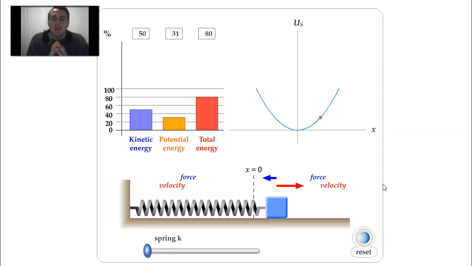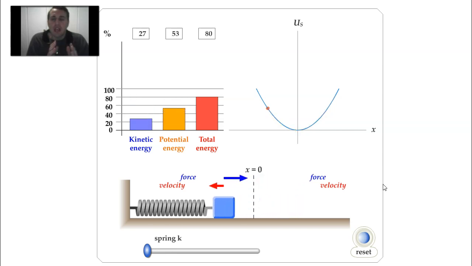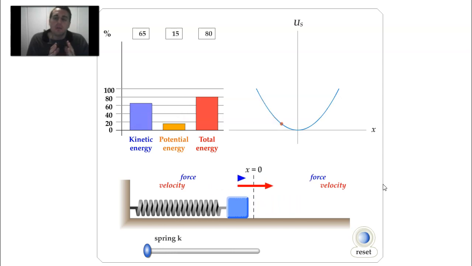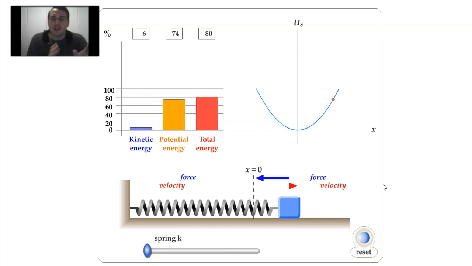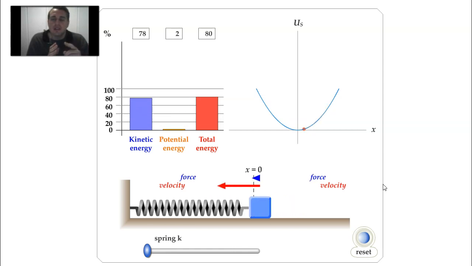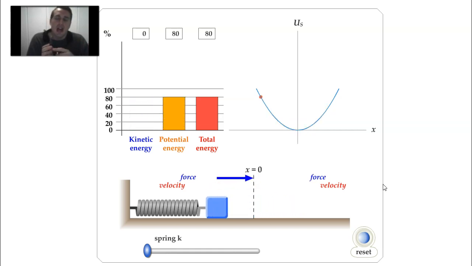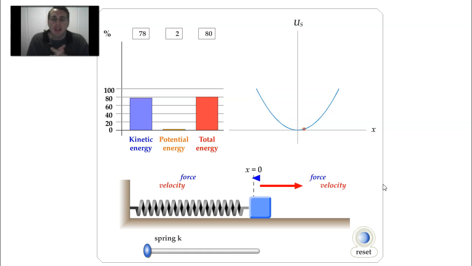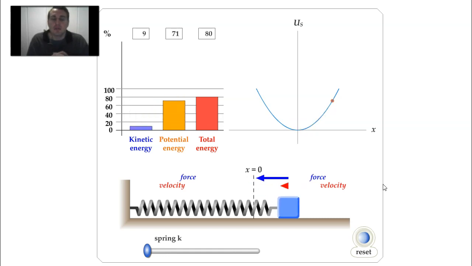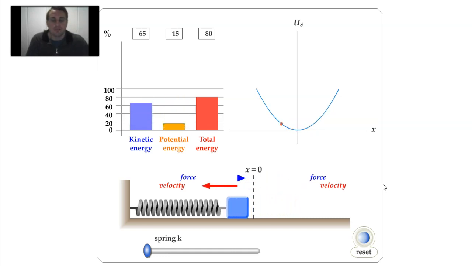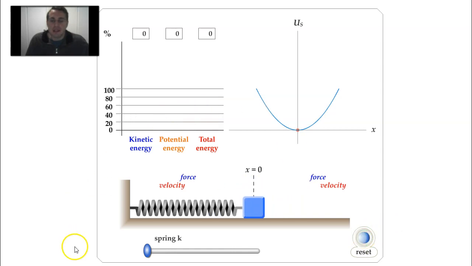That's because the potential energy is maximum at full elongation or compression, whereas the potential energy is changed into kinetic energy as the object moves, and the kinetic energy is maximum as it moves through the equilibrium position.